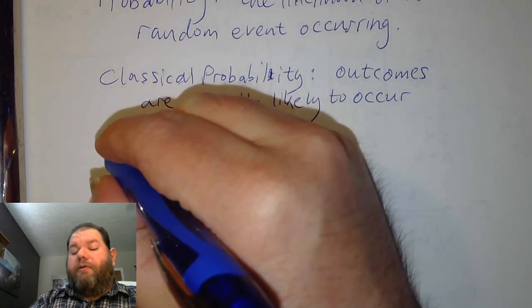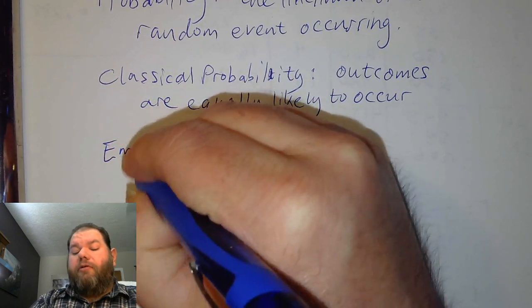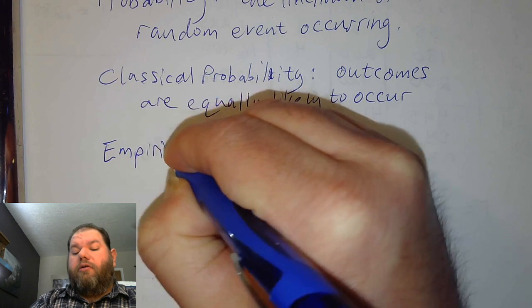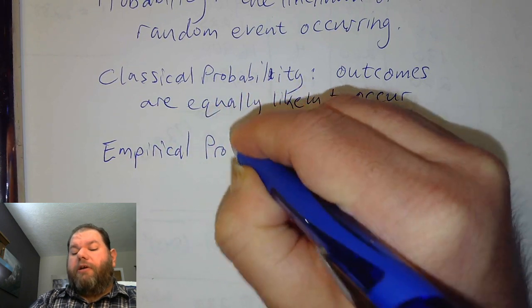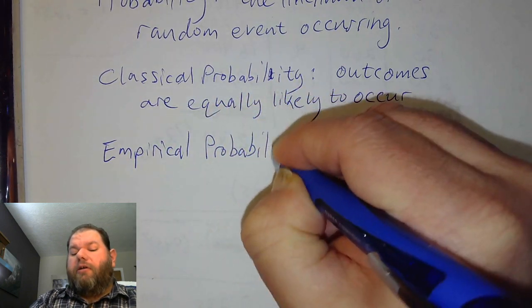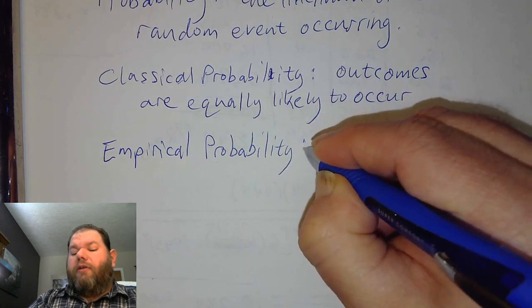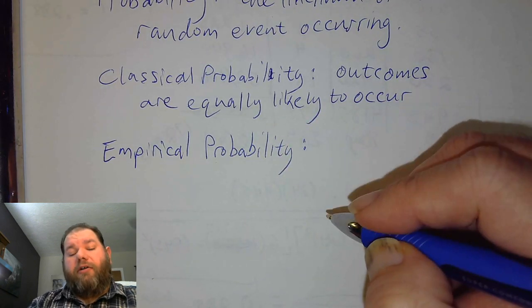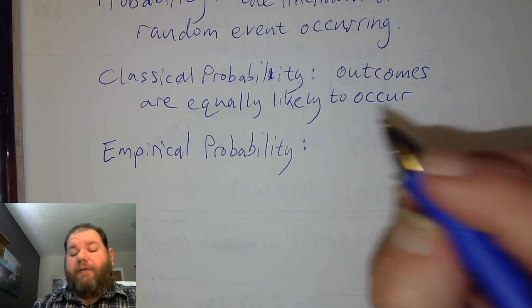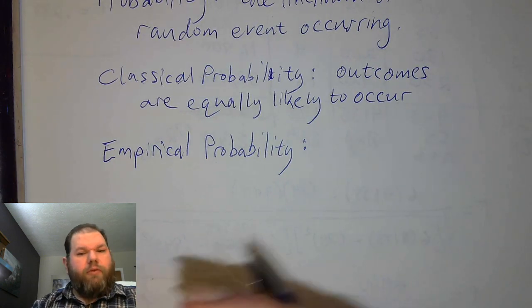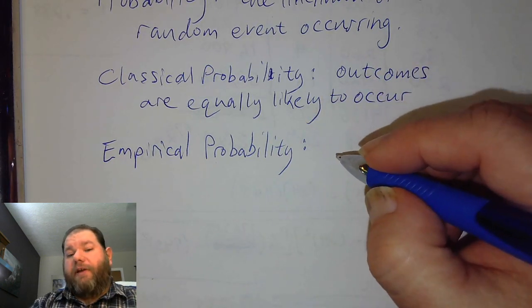But the other type is empirical probability, and this is probability that's based on what has happened in the past, or what is known to be true already from past experience.